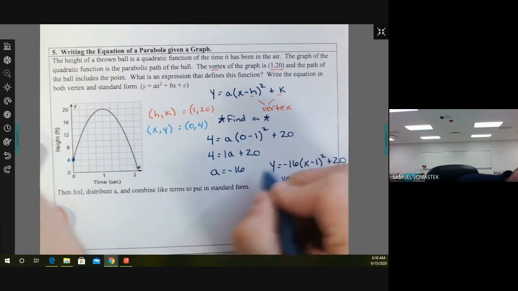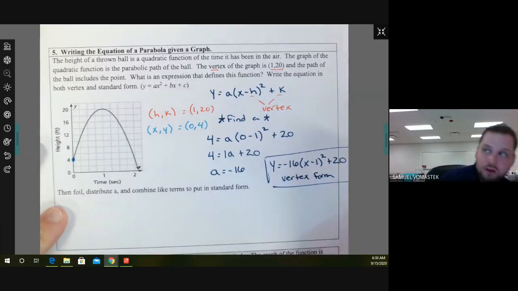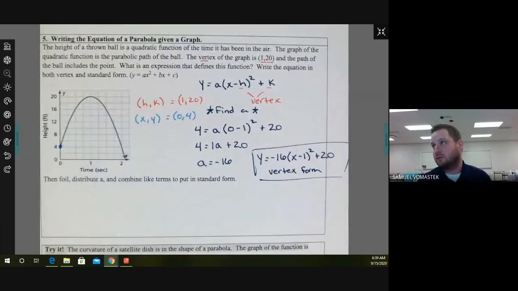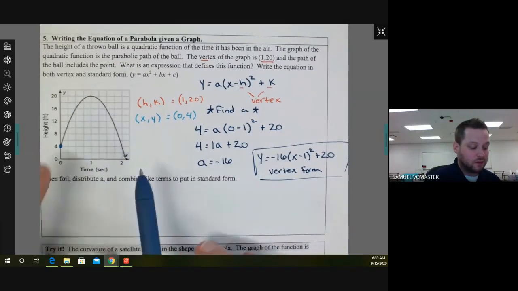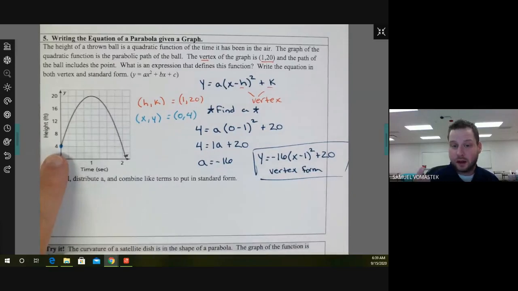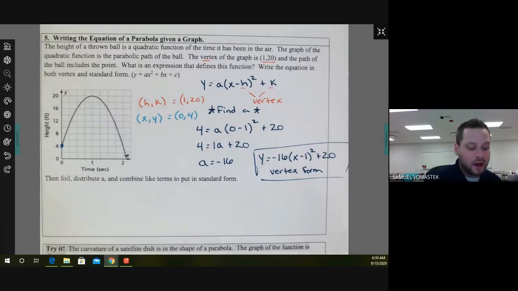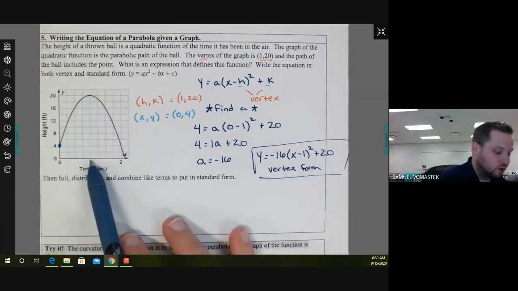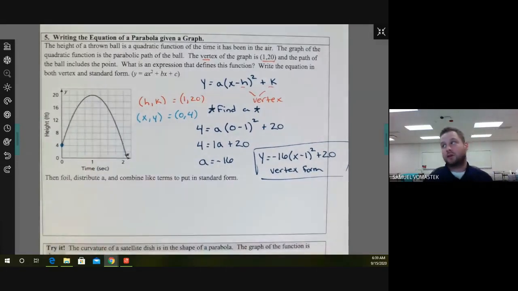You can do a quick check to make sure we're on the right path. First off, the negative out front tells me that we're opening down, so that's good. The graph did open down. And a vertex of (1, 20) should be true. I look at this and we have (1, 20) as my vertex. We're good to go. So that is the vertex form.